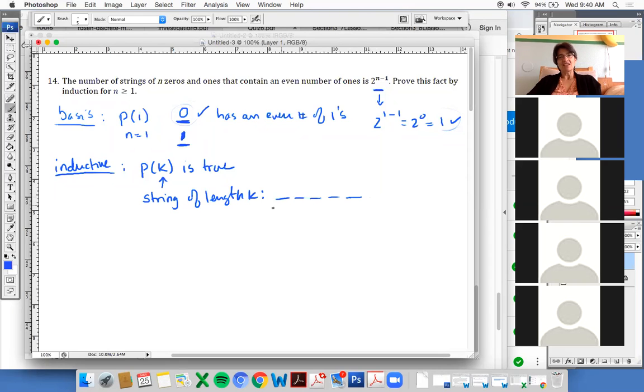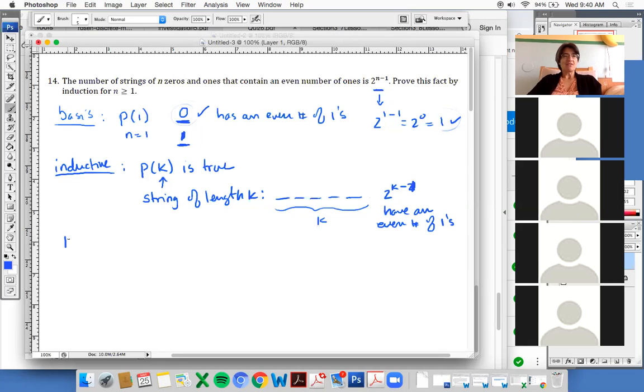I'm going to have k different bits in here, and I'm only looking at the strings that have an even number of ones. The formula says that there are 2 to the k minus 1 options of this length that have an even number of ones. So we're assuming this is true.